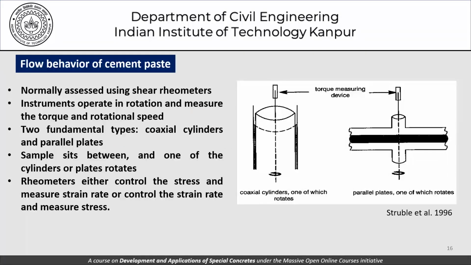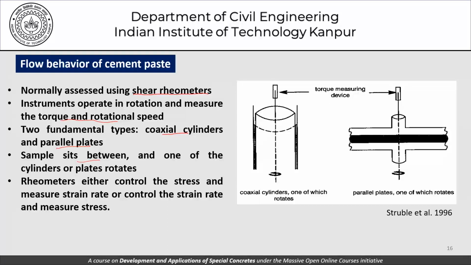Now coming to the kind of measurements that are actually carried out, we use shear rheometers. What these shear rheometers are is typically what's described here. The instruments operate in rotation and measure the torque and rotational speed. And there are two fundamental types, the coaxial cylinder type and the parallel plate type. The sample sits in between these two plates and one of the cylinders or plates rotates.